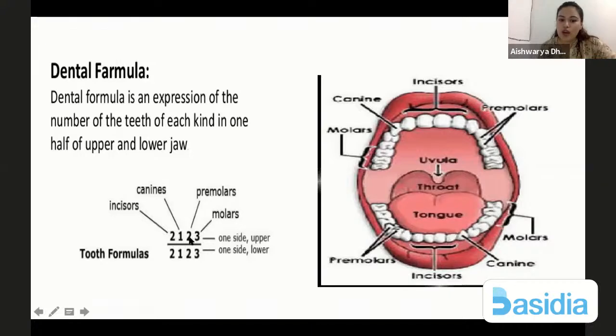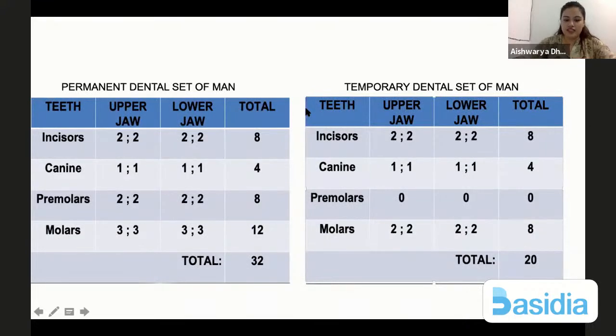It is 2123 by 2123. 2 incisors, 1 canine, 2 premolars, 3 molars. So this is only one side of the upper jaw. What you can do is multiply it by 2. So if I multiply it by 2, just one second.